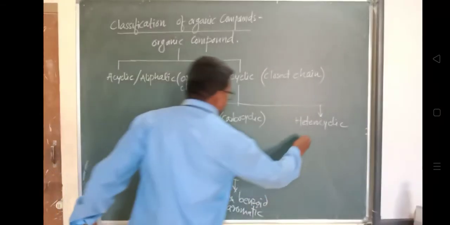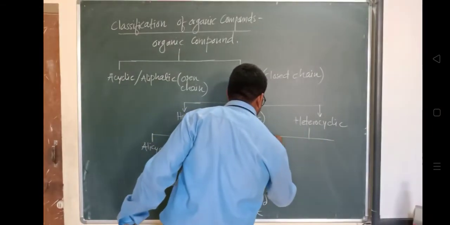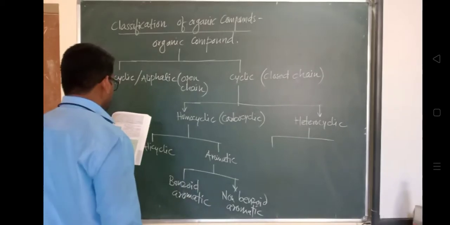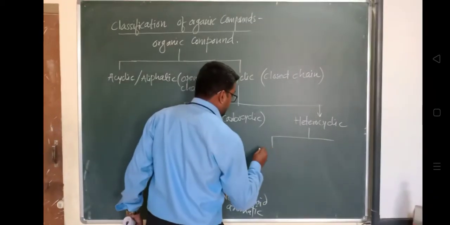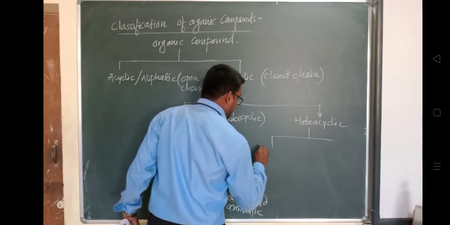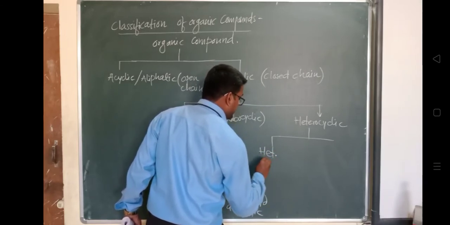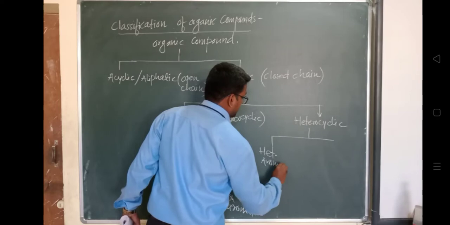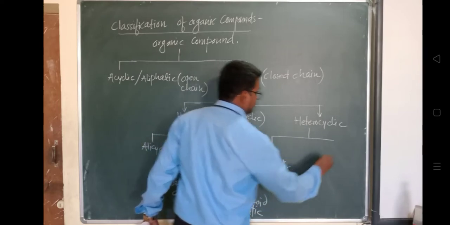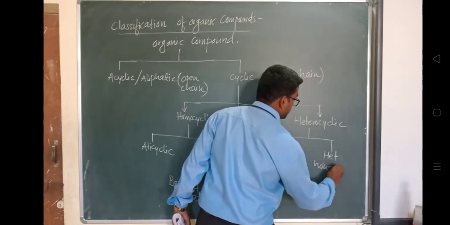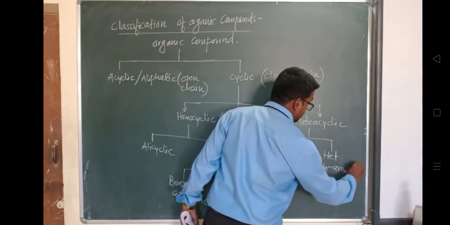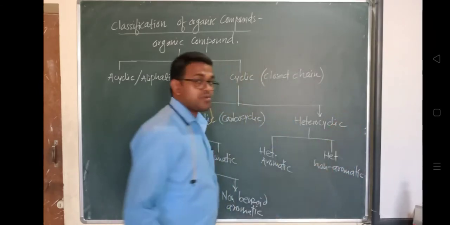Heterocyclic is once again classified into two categories: heterocyclic aromatic and heterocyclic non-aromatic. On what basis they are called aromatic and non-aromatic, we will discuss.